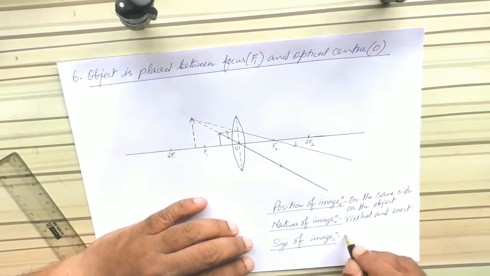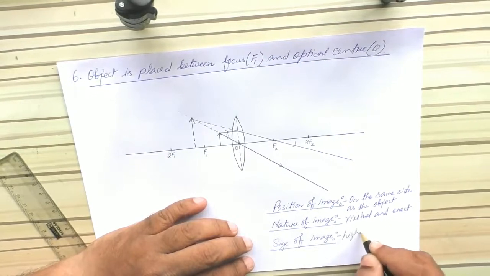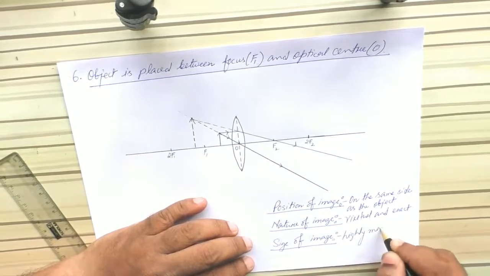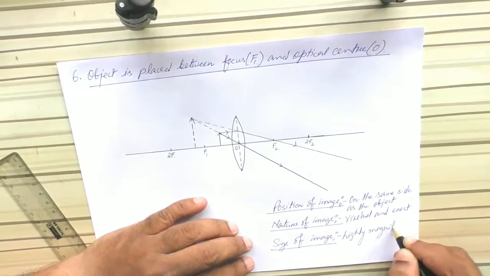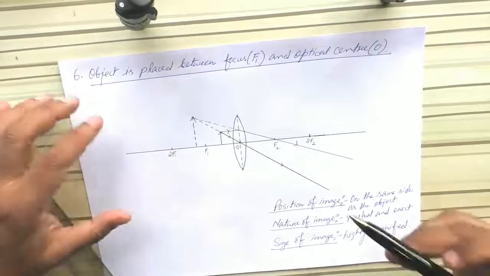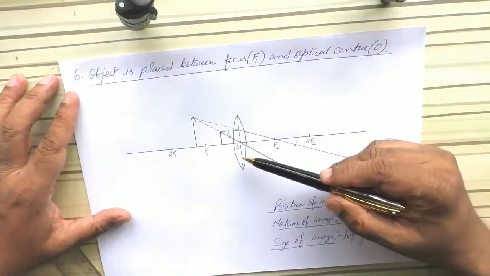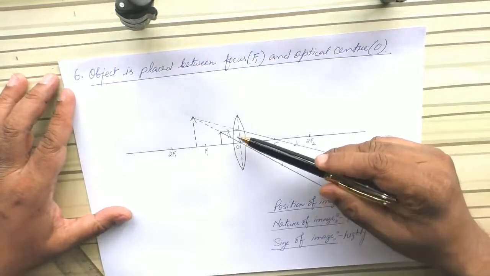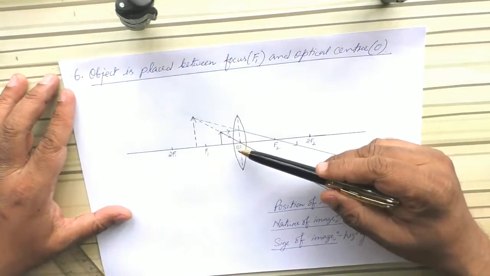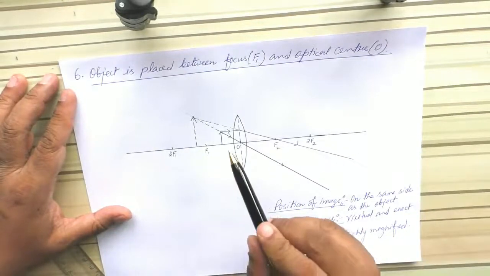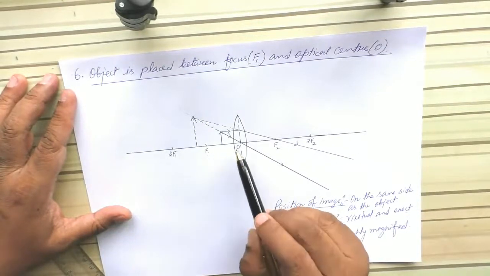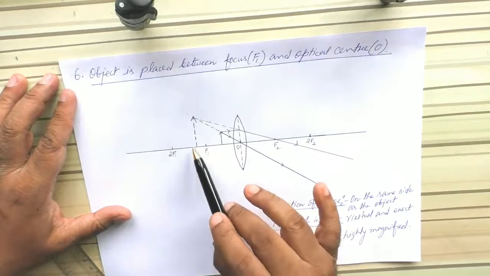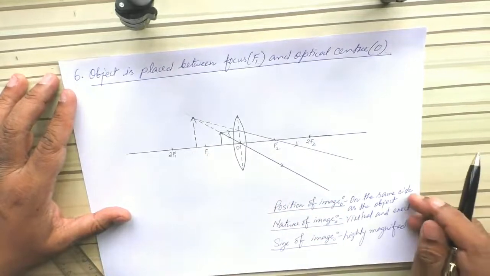What about the size of the image? Size of the image is, we can say, highly magnified. And because of this property, a convex lens is used as a magnifying glass, because if the object is placed between focus and optical center, a highly magnified virtual image is formed.